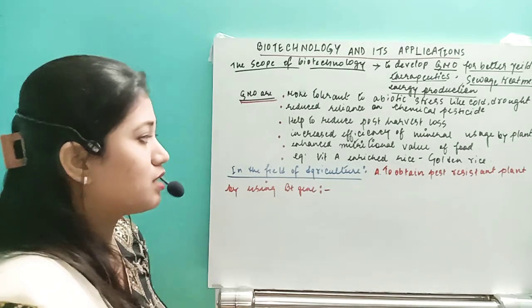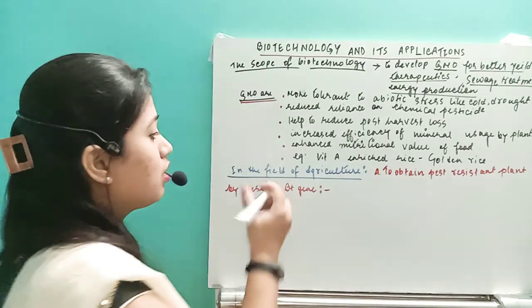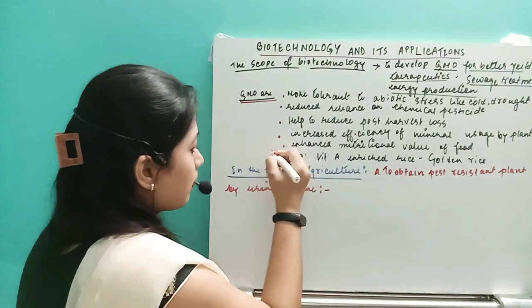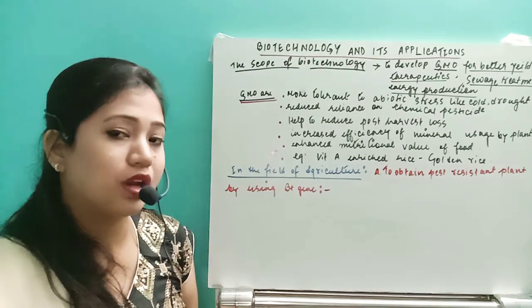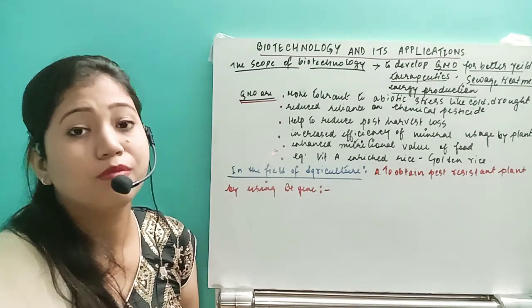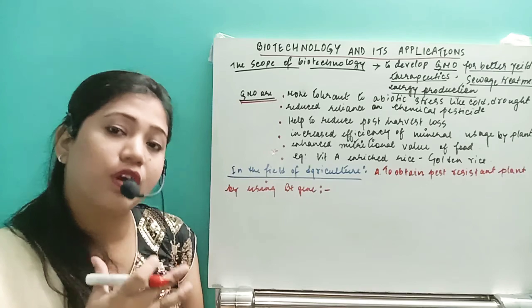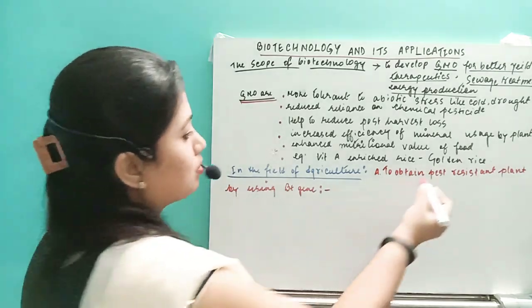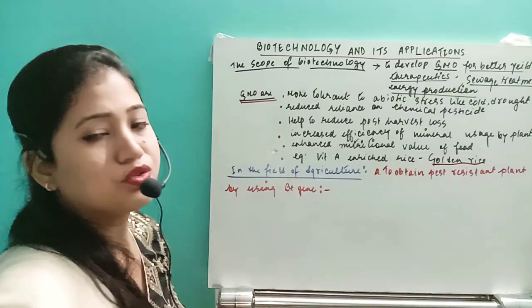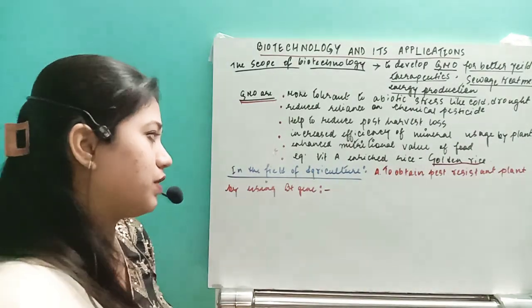So that is one very revolutionary discovery of biotechnology, that in the food product we can get lots of minerals from the same product. That is one example, that is golden rice. We will discuss golden rice in detail.